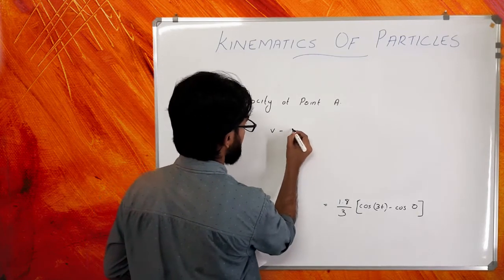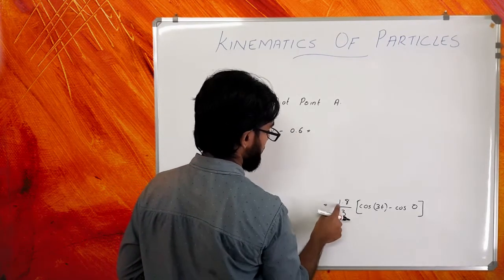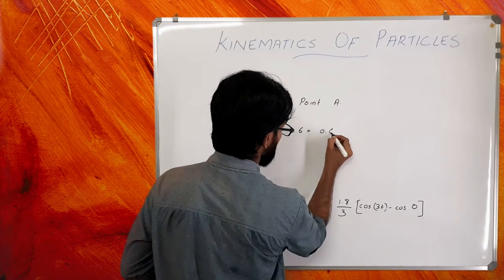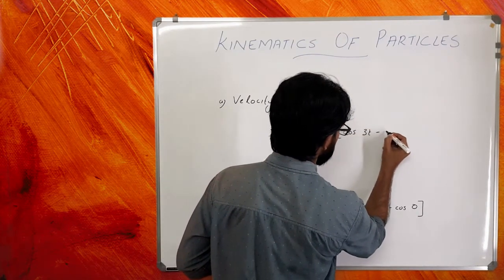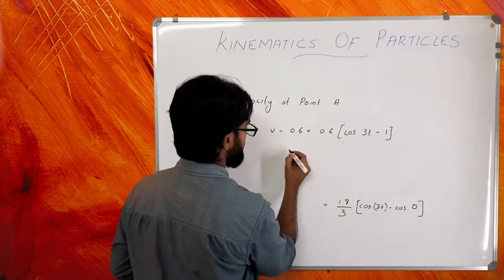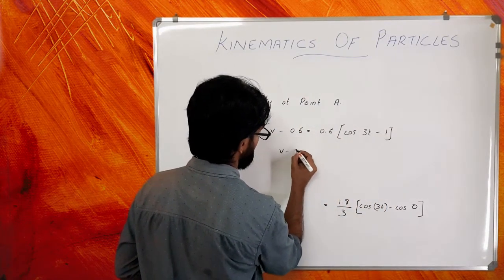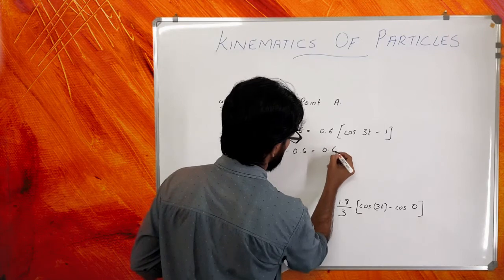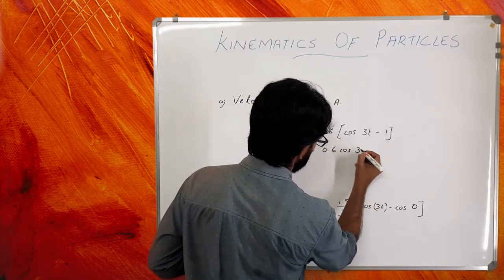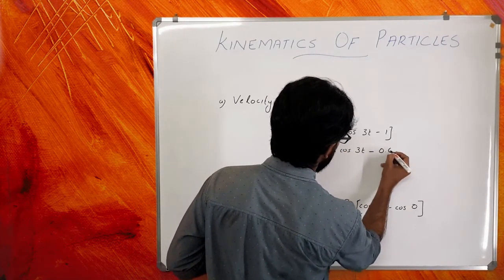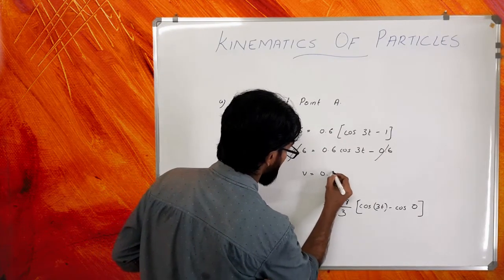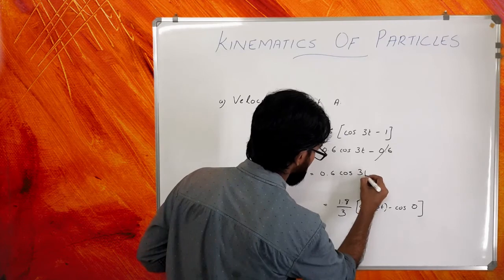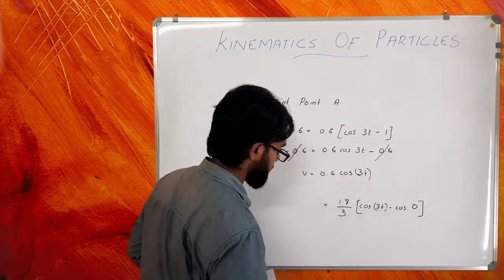Now v minus 0.6 equals 1.8 by 3, that is 0.6 into cos 3t minus 1. The 0.6 terms cancelling out each other, I get v equals 0.6 cos 3t.